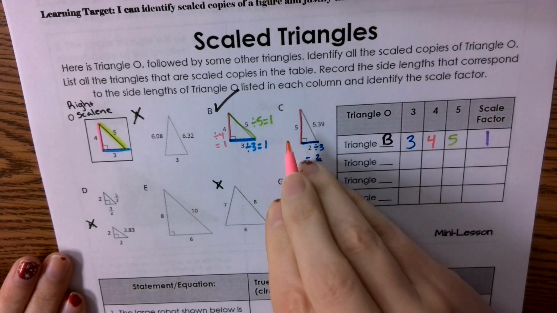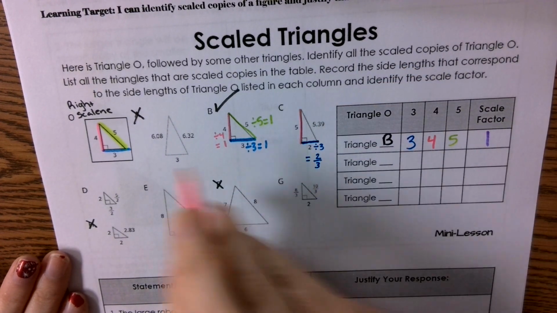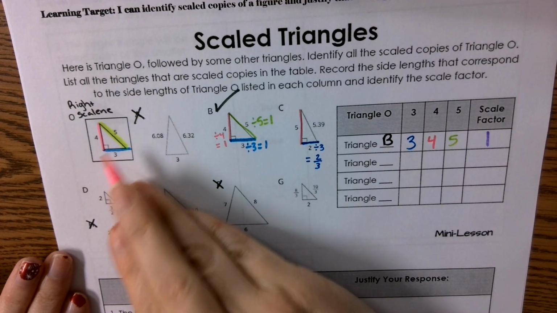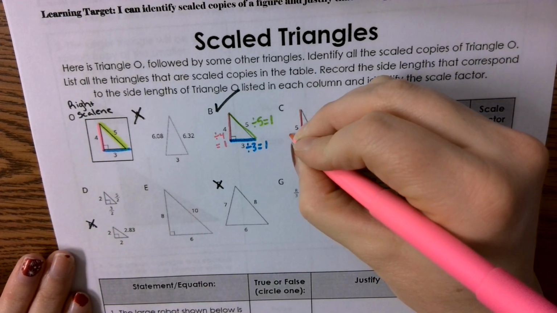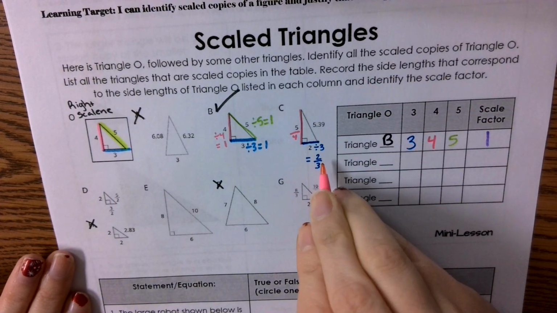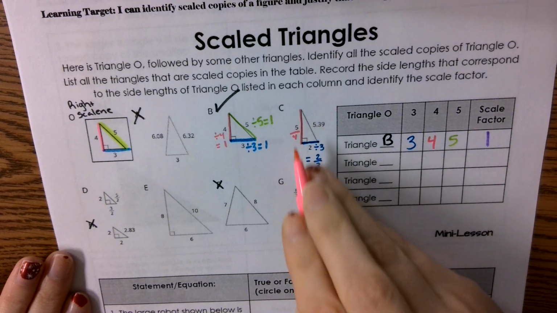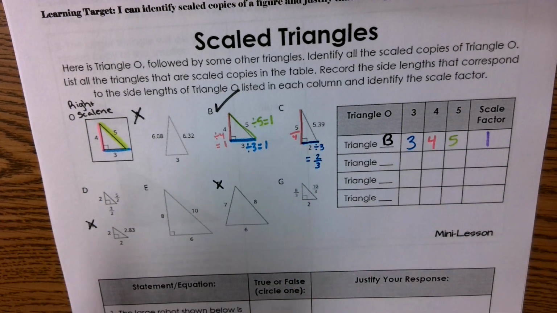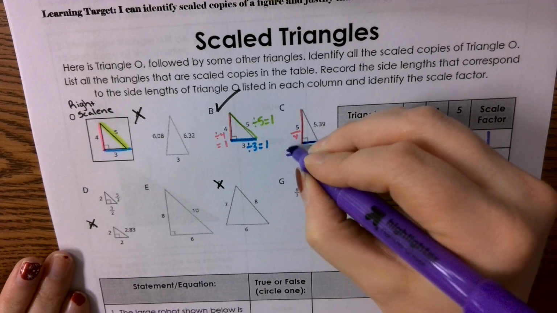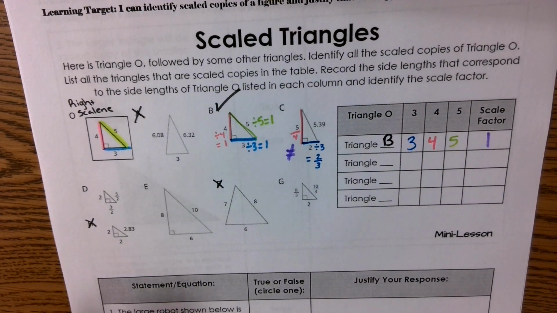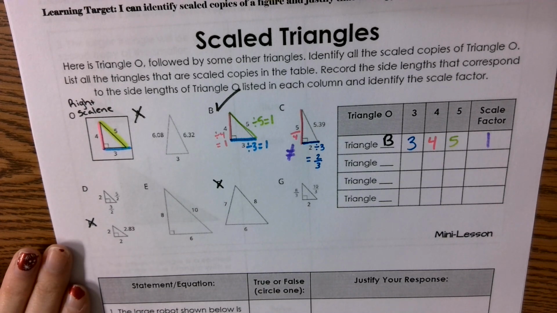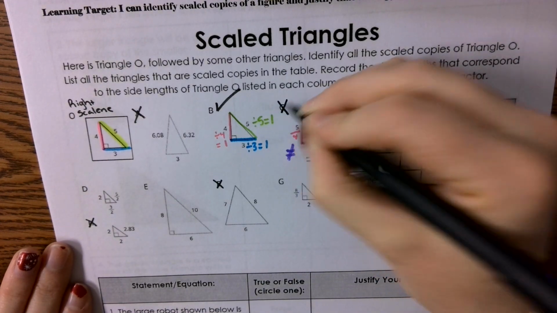What am I going to have to divide the 5 by? 4, right? We have to divide the height by the 4. So if I divide that by 4, is that going to be the same thing as 2/3? Is 5 over 4 the same thing as 2/3? No. Those are not equal to each other. 5 over 4 and 2 over 3 are not equal, so therefore C is not going to work.